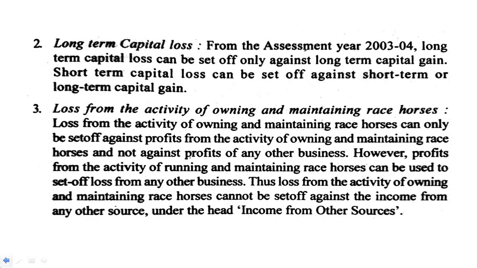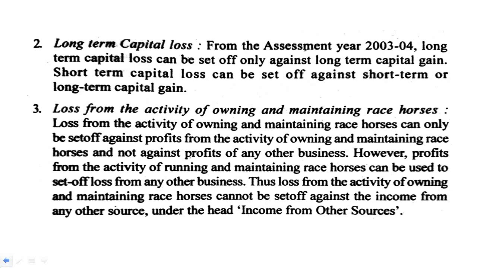Second one, long-term capital loss. From the assessment year 2003-04, long-term capital loss can be set off only against long-term capital gain. Short-term capital loss can be set off against short-term or long-term capital gain.